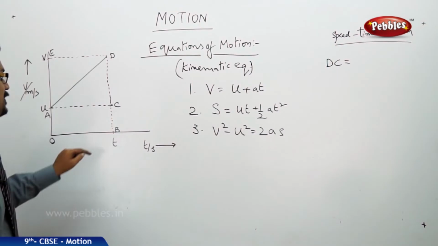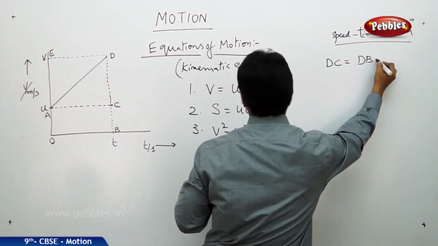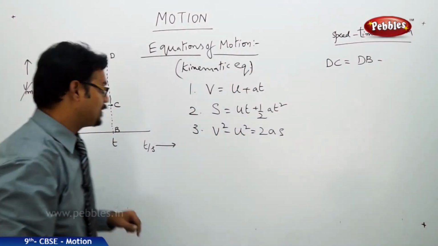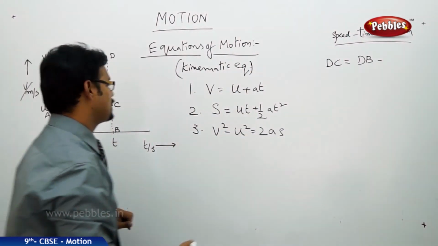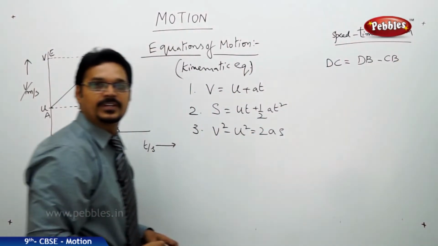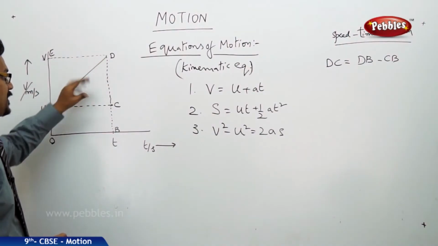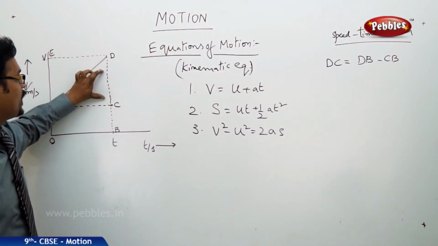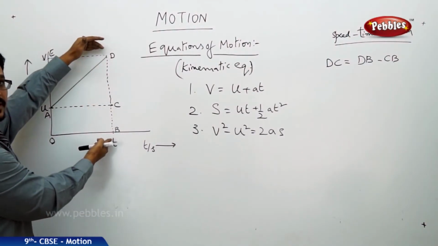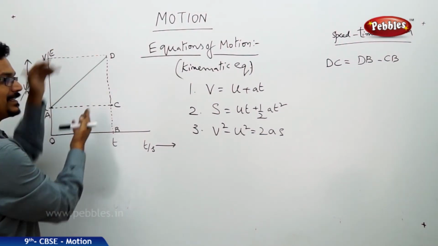You can find DC by writing DB minus CB. See carefully. From the graph I have taken a line DC, and to find DC, I have taken the total line DB and subtracted CB, so that I get DC.